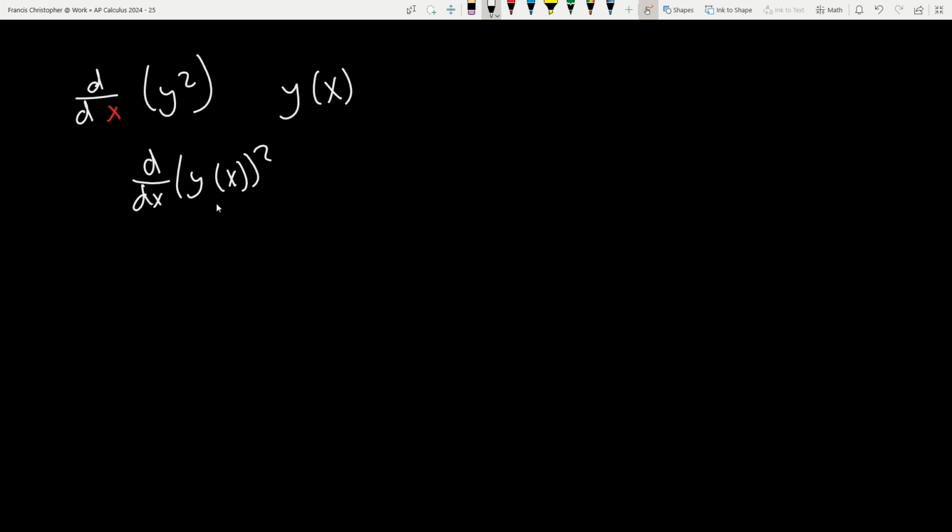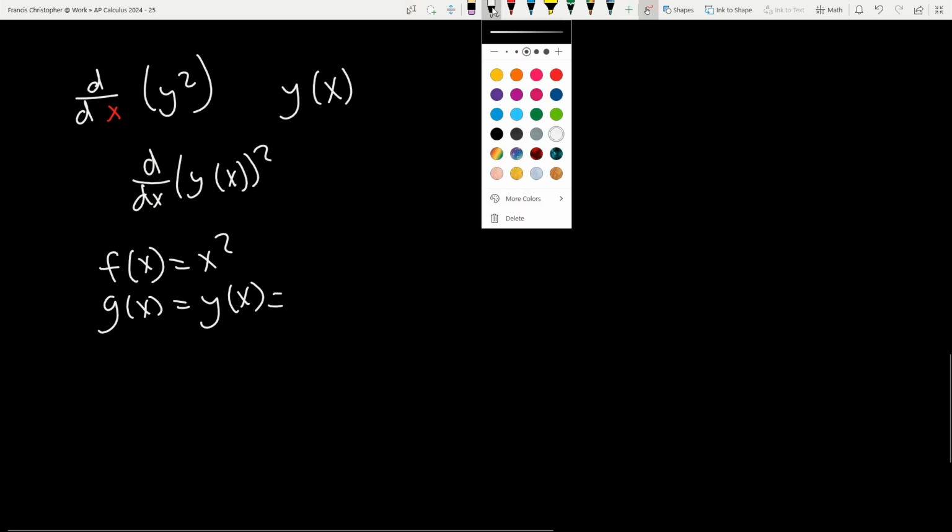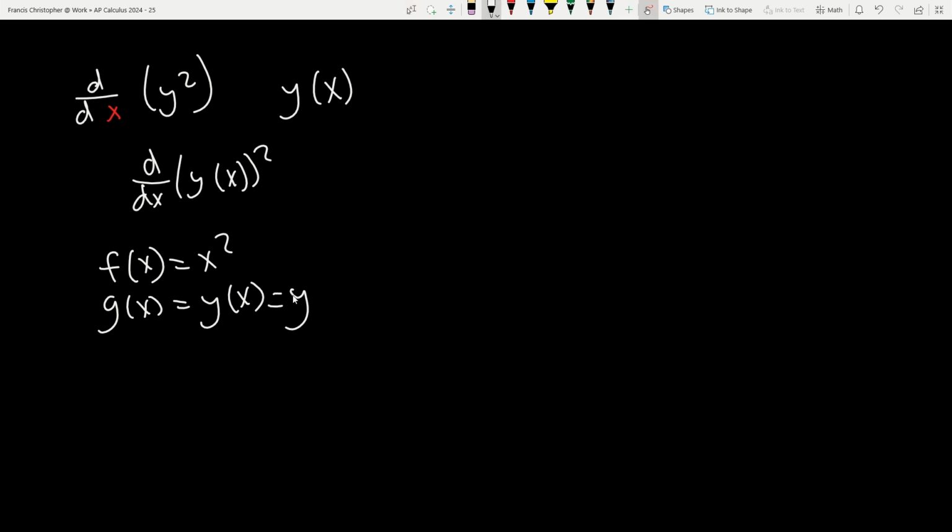And if you notice here, this is exactly a composite function. So if you recall from last video, our outer function is going to be x squared, and our inner function is going to be y of x. And I'm going to start writing this as just y, because as long as you understand that I'm treating it as a function of x, then we can just shorthand notate it with y.